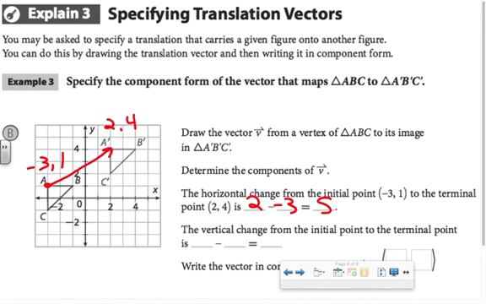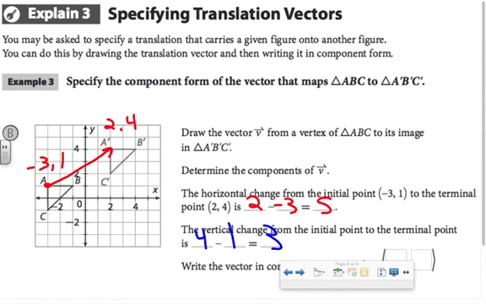If you had done that backwards, you would have ended up with a -5. So again, make sure that when you're looking at it in this manner, go from your new point minus your old point. Vertical change from the initial point to the terminal point is new y-coordinate minus old y-coordinate, which is 3.